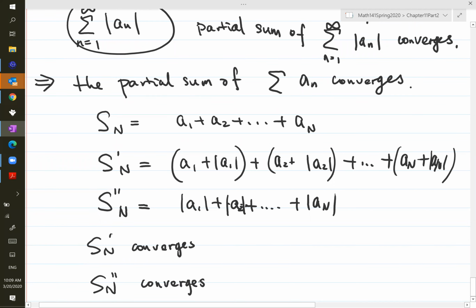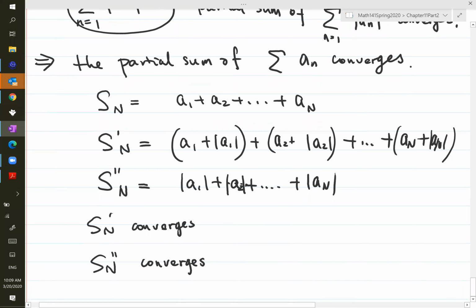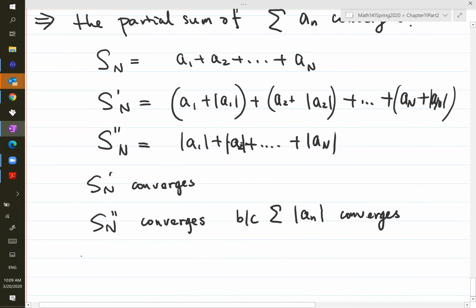This is because by definition the sum of the absolute values converges, because this converges absolutely, this thing converges. This is equivalent by definition. So actually we know S_N, which is S prime N minus S double prime N, also converges by limit law.